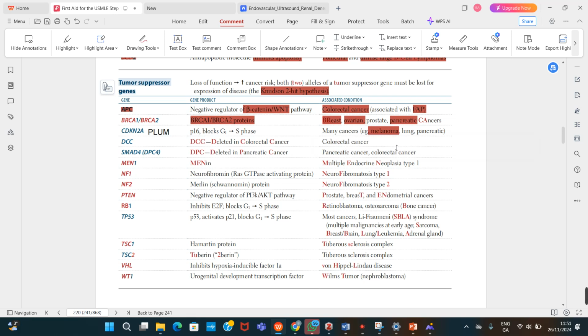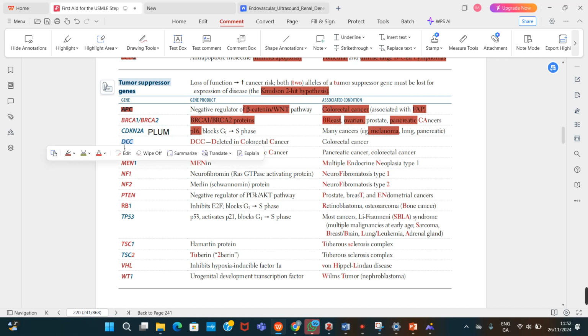BRAF. So CDKN is also known as P16, and it blocks G1 to S phase. If you have a loss of function mutation of CDKN, there's no P16 again, which means progression from G1 to S phase can happen freely. So plum is going to ensue: pancreatic, lung, and melanoma.